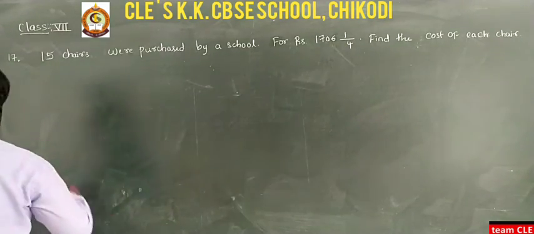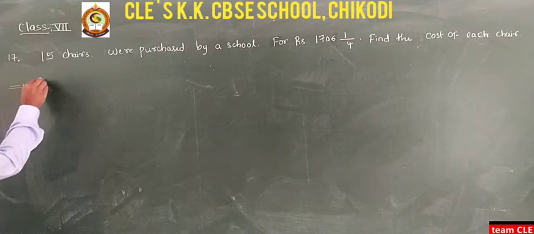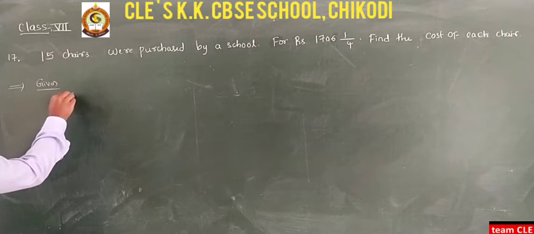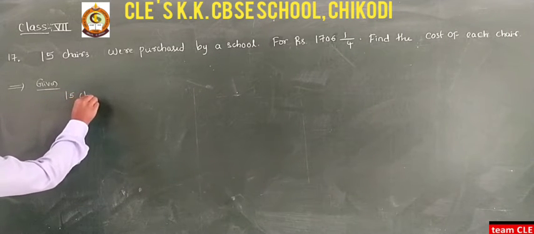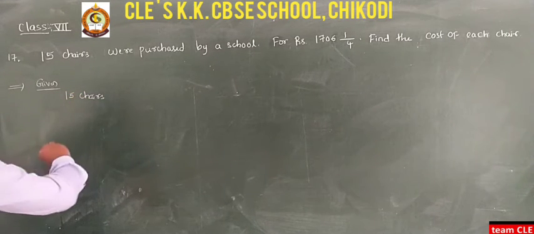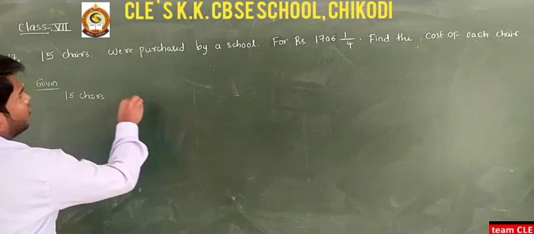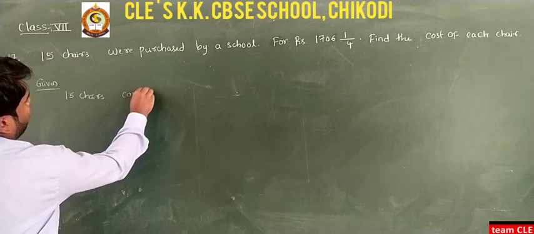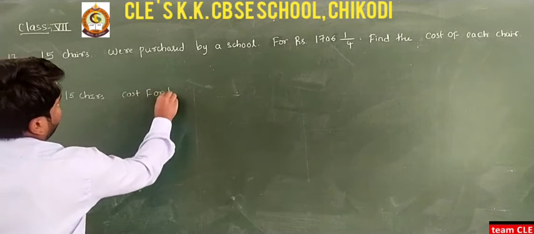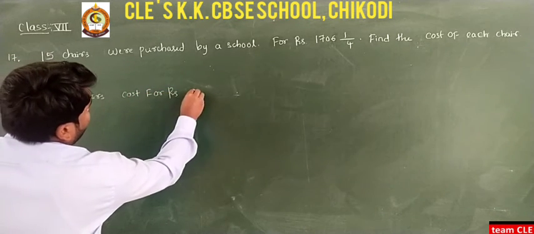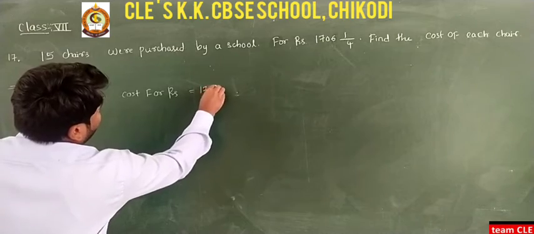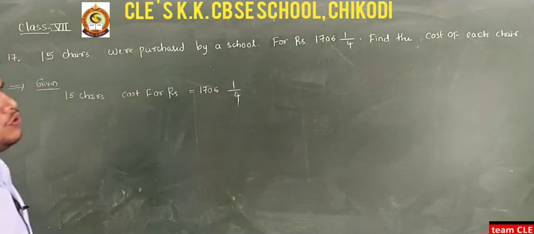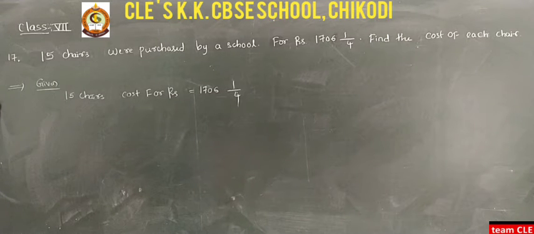So look here, given that there are 15 chairs, the cost is rupees 1706 integer 1/4. They are told to find the cost of each chair.